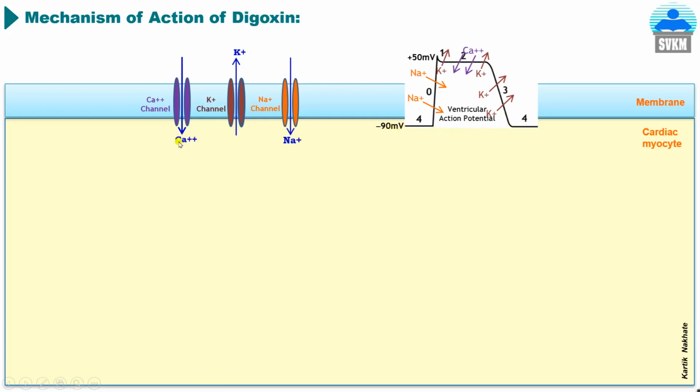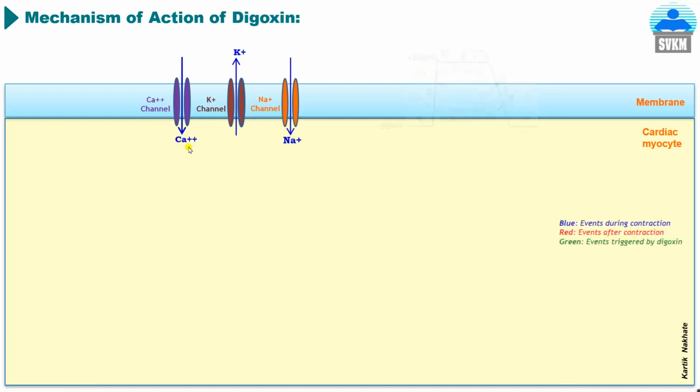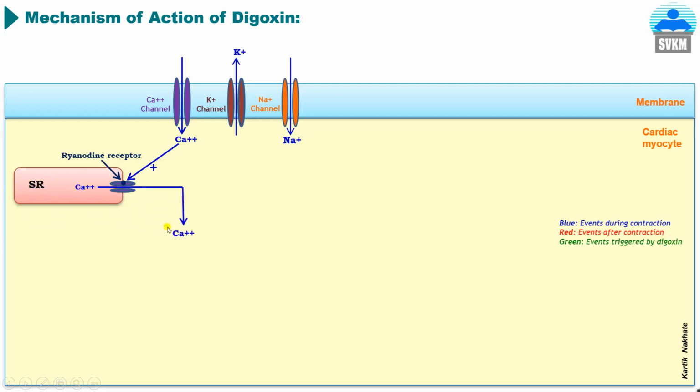The calcium that entered the myocyte during phase 2 binds to and activates calcium ion channel coupled ryanodine receptors on the sarcoplasmic reticulum. This triggers the release of calcium ions out of the sarcoplasmic reticulum to further increase the calcium level in the cytosol. The cytosolic calcium binds to a calcium regulatory protein called troponin.